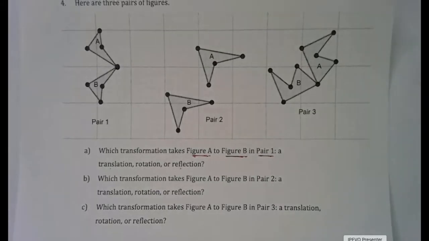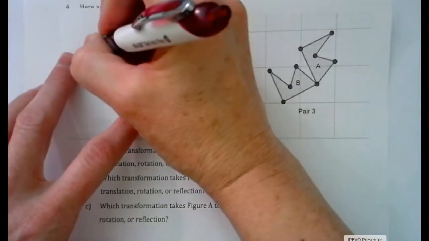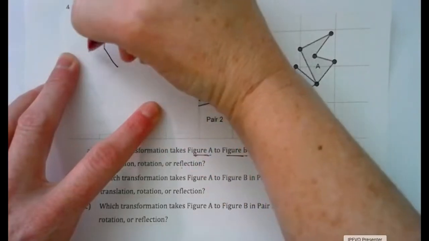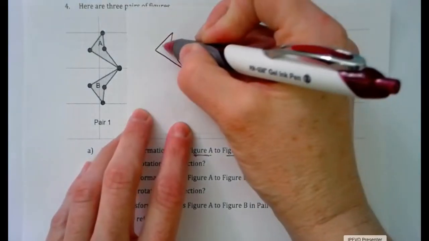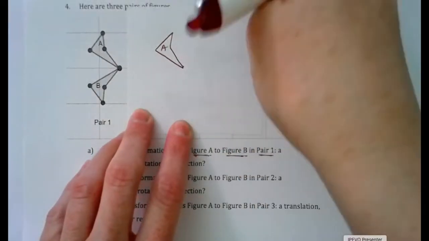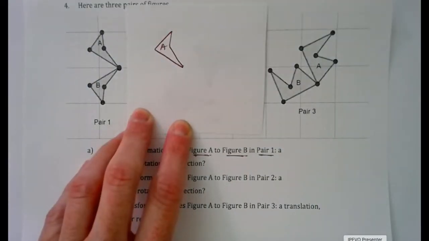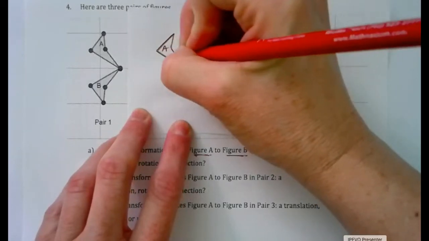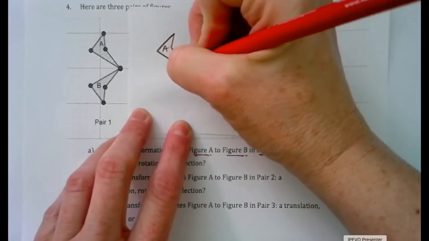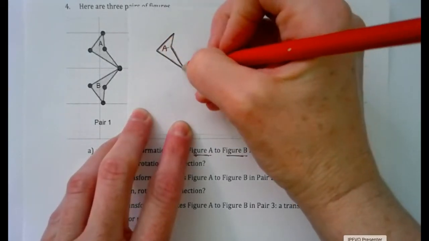Well, hopefully you took your tracing paper, and what you'll find, and it'll be hard for you to see here, is another way that you can check a reflection. So I'm going to cover this with pencil.